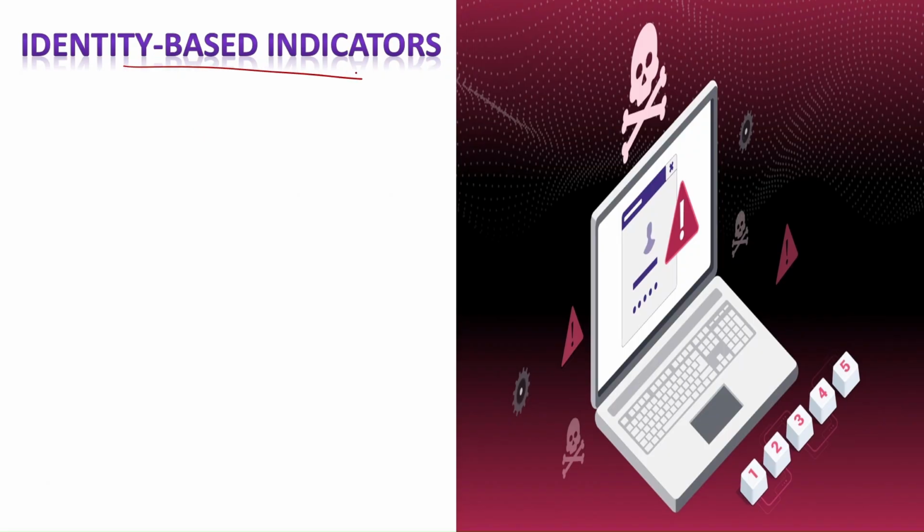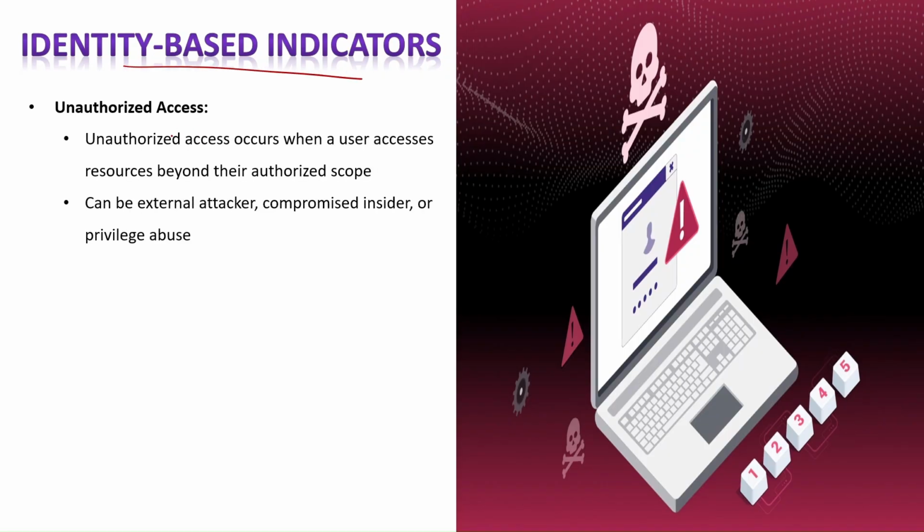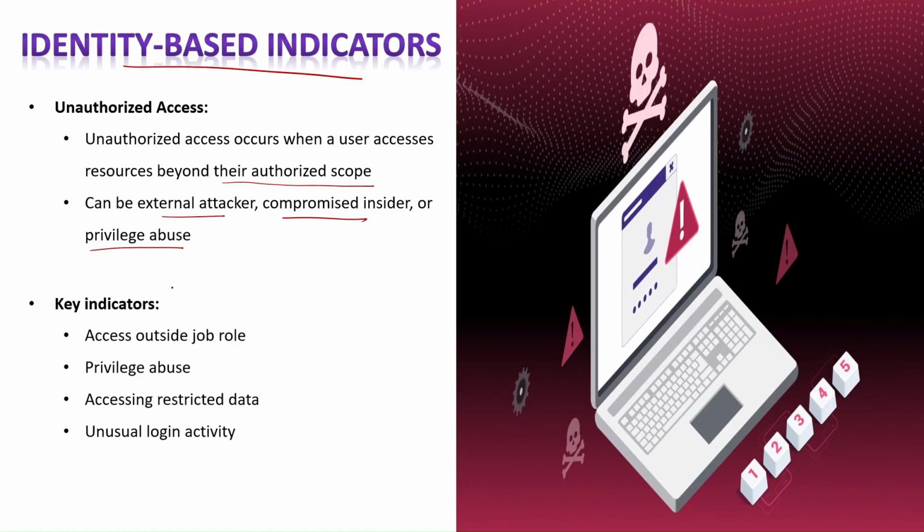Some identity-based indicators: unauthorized access occurs when a user accesses resources beyond their authorized scope, and it can be an external attacker, compromised insider, or privileged abuse. Key indicators of unauthorized access include access to resources outside the job role, and privileged abuse.